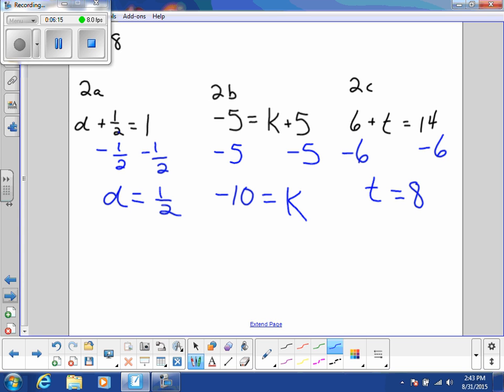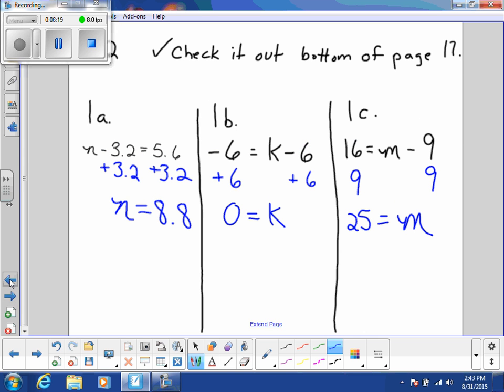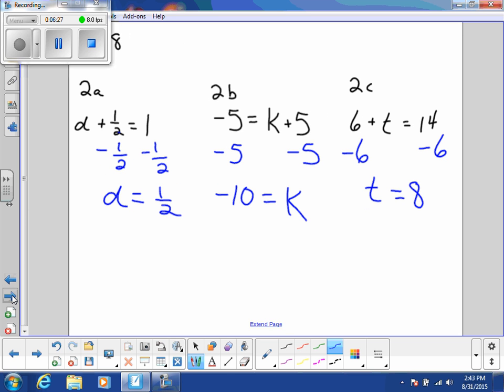We just looked at solving for variables. When you have subtraction in the equation, you do the inverse, which is to add. If you have addition in the equation, the inverse would be to subtract. And it's important that you practice showing your steps the right way.